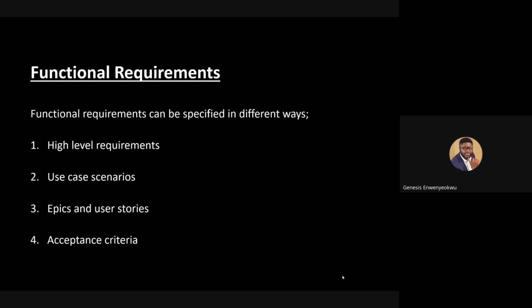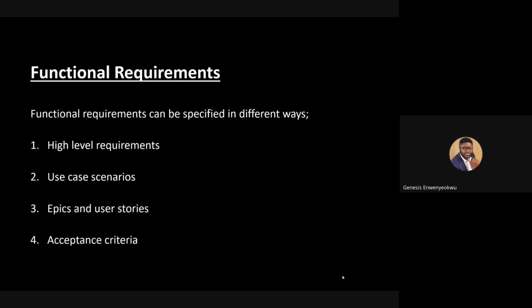Number one is what we call high-level requirements. In our last class, I mentioned that by the time you finish your elicitation activity, you confirm your elicitation results. That elicitation result, we document or specify in what we call high-level requirements. It is not technical.